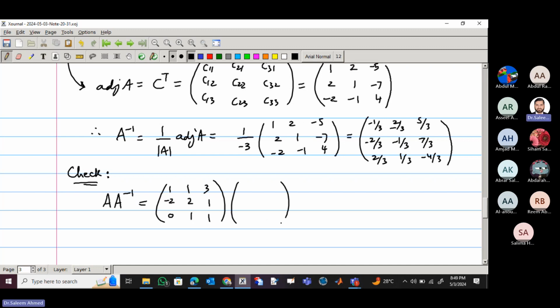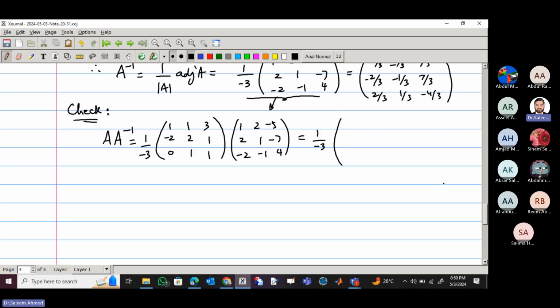Instead of multiplying this, we can write this one: 1 2 minus 5, 2 1 minus 7, because it will be easy to multiply this matrix, but minus 1 by 3 is outside. Remember that. Okay. So if you multiply, your answer will become minus 3, 0, 0, 0, minus 3, 0, 0, 0, minus 3. And then when you multiply by minus 1 by 3, it will become identity.